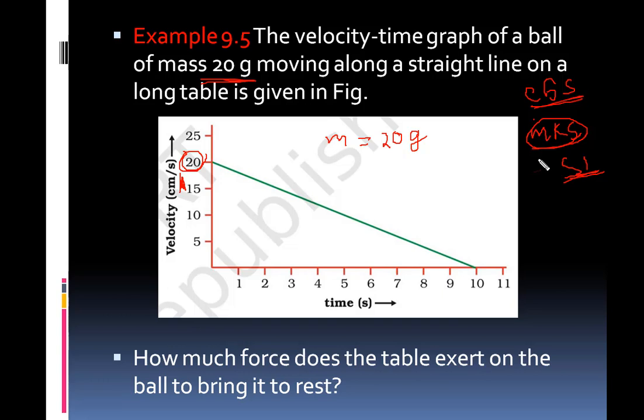Okay, so let us solve this question. Mass is given as 20 gram. The initial velocity of the body is 20 centimeter per second. The final velocity is 0, because finally the body is coming to rest.